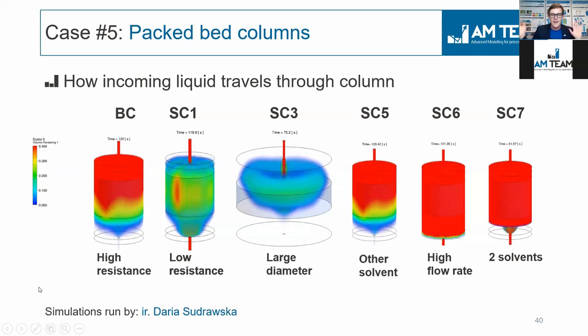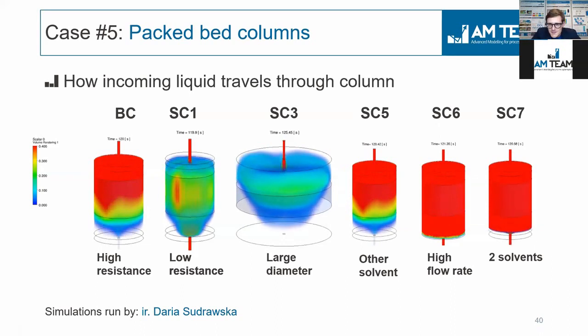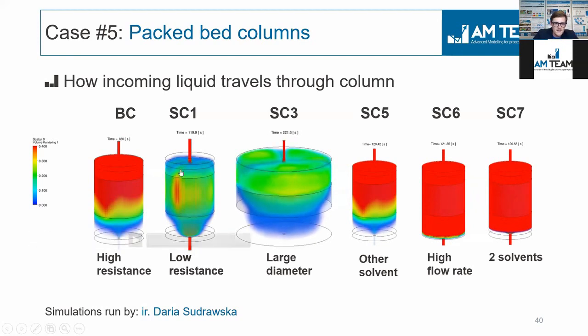First conclusion, behavior across these systems is quite different, right? Of course, look at the high resistance versus low resistance. In the high resistance, you get much more plug flow behavior. It's kind of a rainbow pattern. While in the low resistance case, your solvent can actually shoot through the bed more or less.